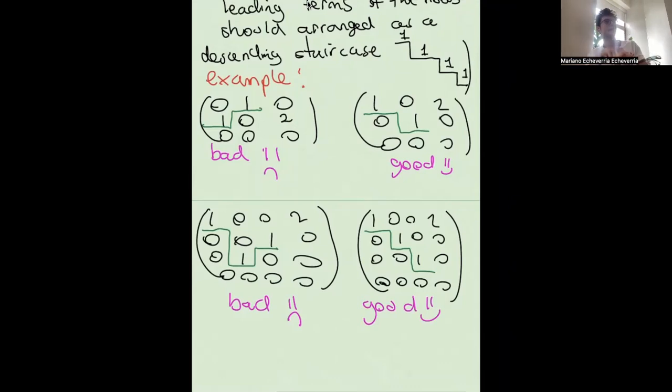So the goal is to apply operations 1, 2, and 3 so that our matrix has those properties that I just wrote.